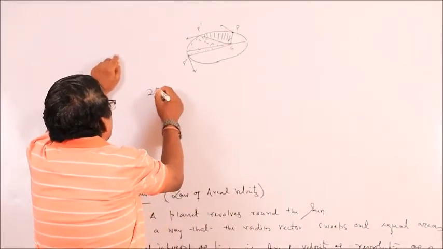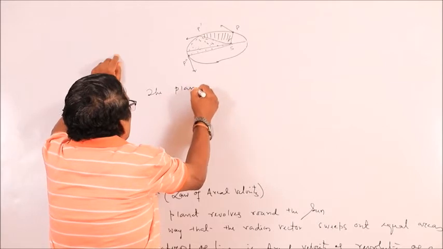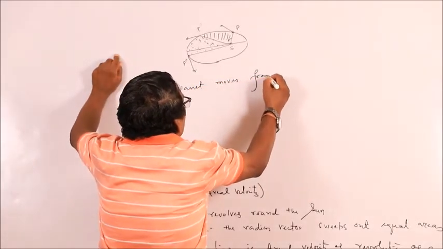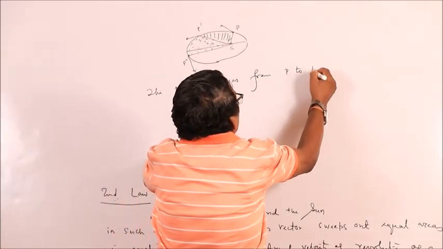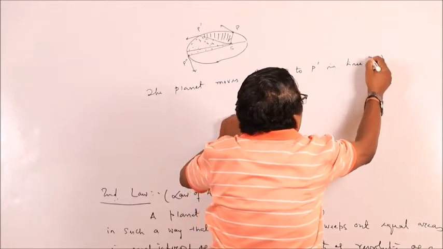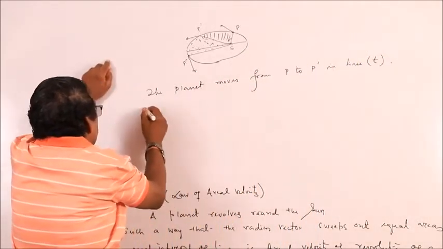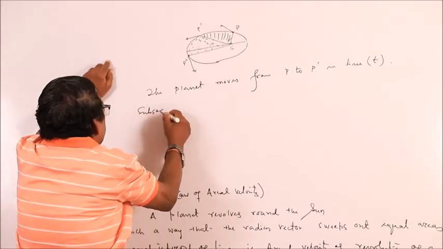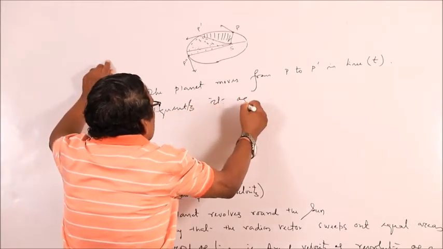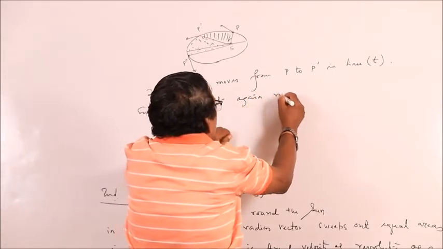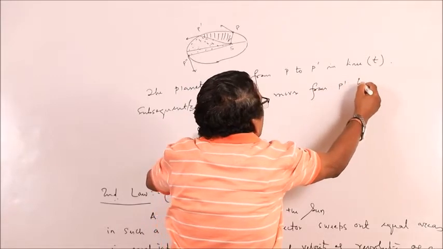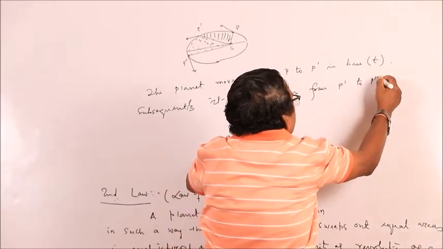The planet moves from P to P dash in time t. Subsequently, it again moves from P dash to P double dash in time t.